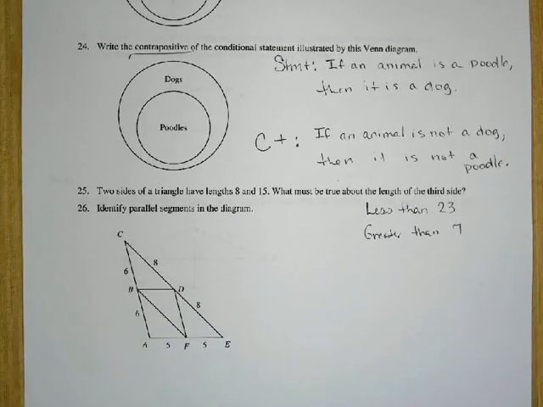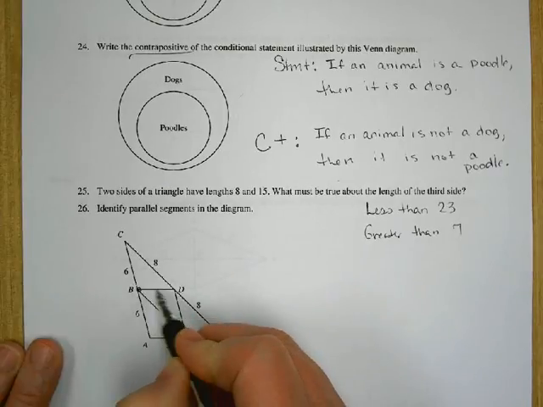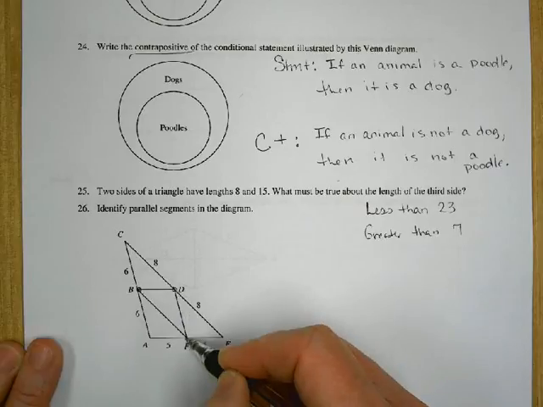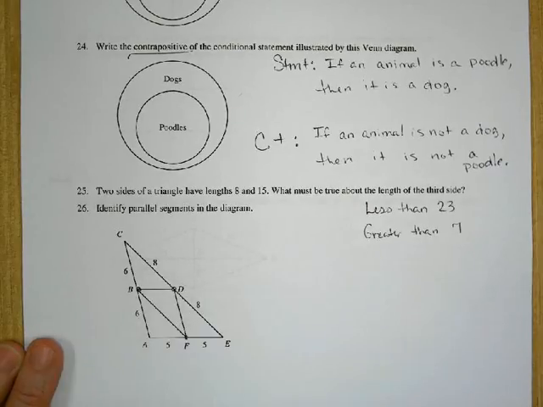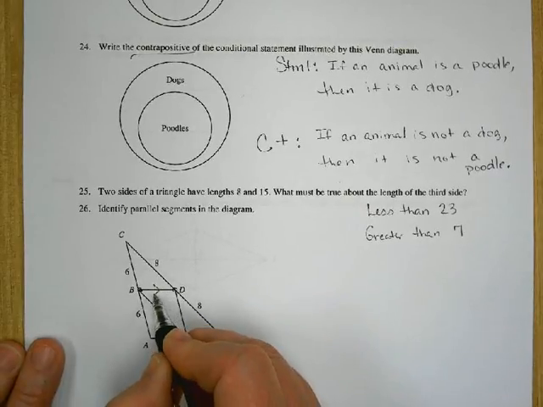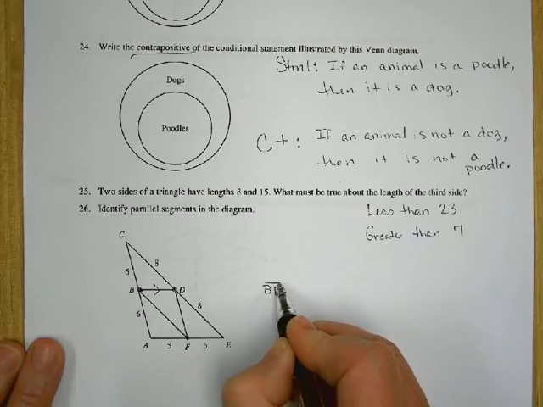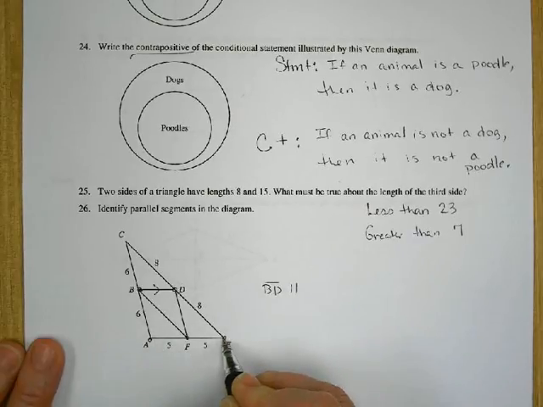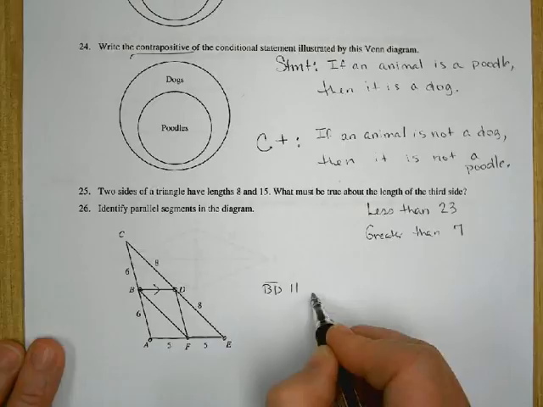26. Identify the parallel segments. All of these segments, BD and DF and BF, are mid-segments. So this segment, BD, is parallel to this segment, AE.